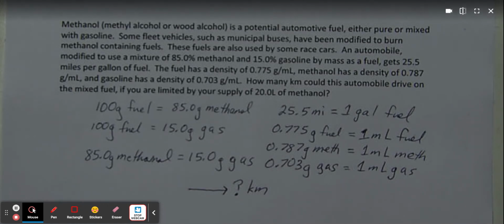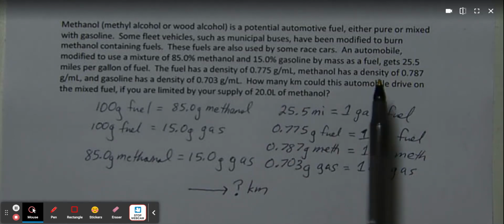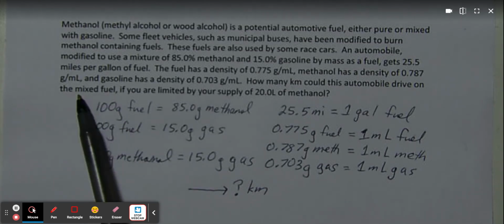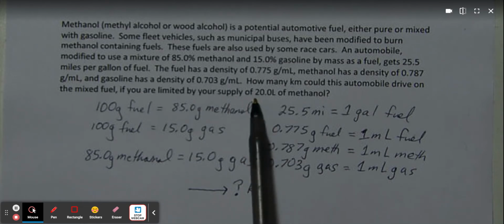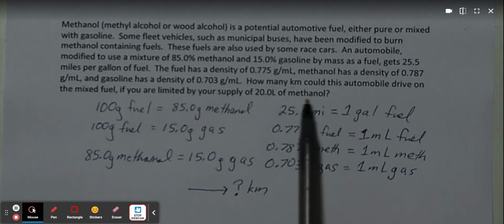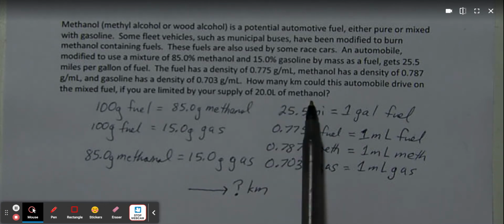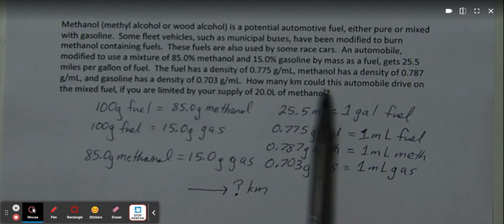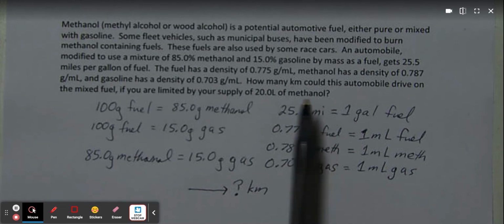So where are we going to begin? If we continue in the question, how many kilometers could this automobile drive on the mixed fuel if you are limited by your supply of 20 liters of methanol? So this is where we're going to begin. We're given 20.0 liters of methanol. We need to figure out how far we could go if we're limited to 20 liters of methanol.